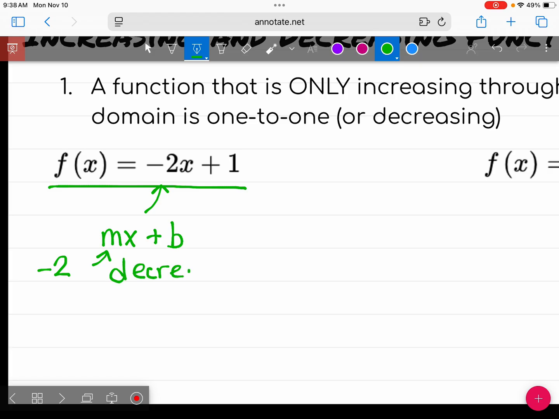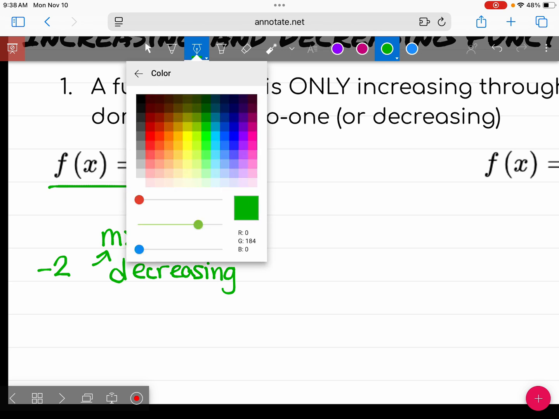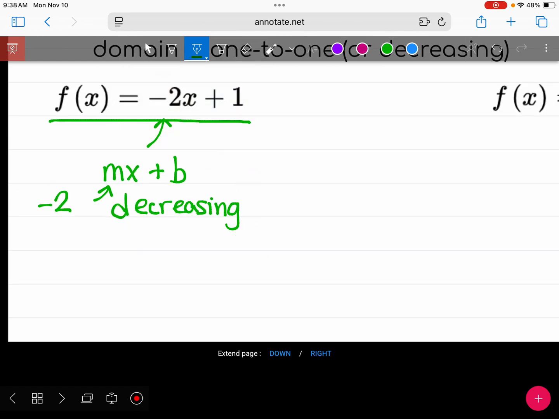It's getting smaller, which I think I just spelled decreasing wrong, the whole time. Every single point on this line is getting lower as we go from left to right. It would look kind of like this. It is constantly decreasing. Since it is constantly decreasing, that means this is one-to-one. If it is always decreasing or always increasing, it is one-to-one.